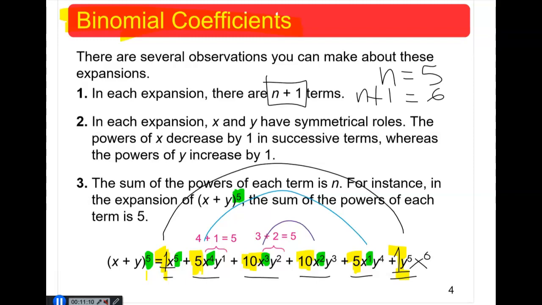But as we mentioned previously, anything to the power 0 is equal to 1 except for 0. If you had 0 to the power 0, that wouldn't be equal to 1. That would simply be undefined.